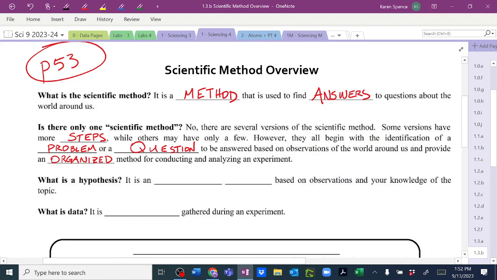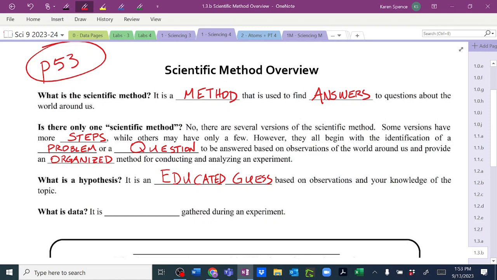A hypothesis is an educated guess. Yes, indeed. Based upon observations and your knowledge of the topic.